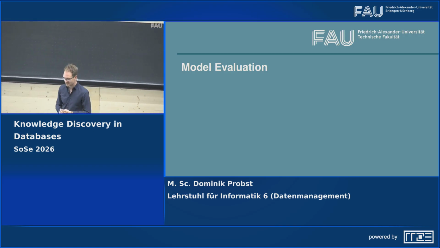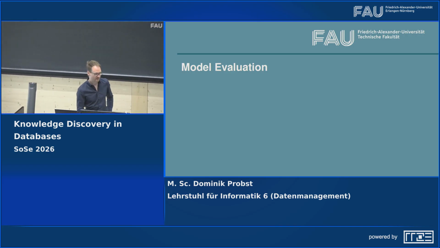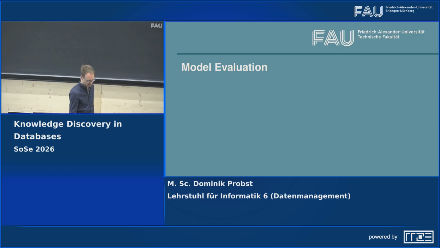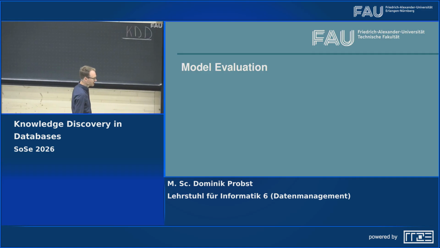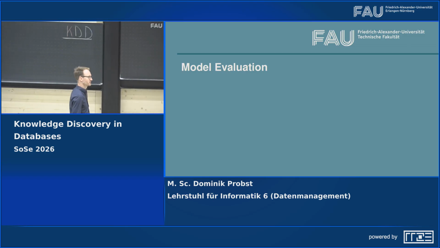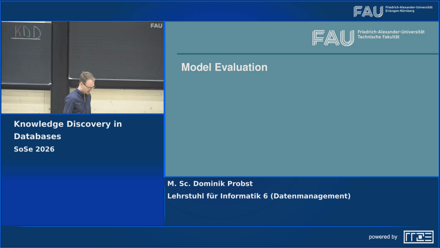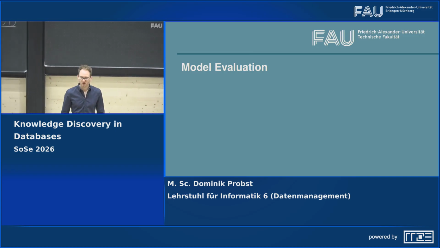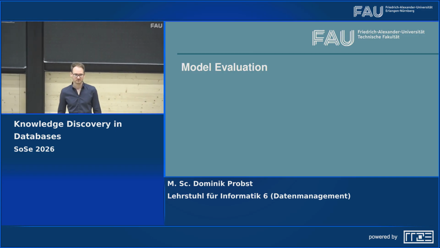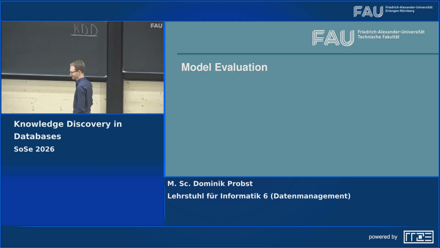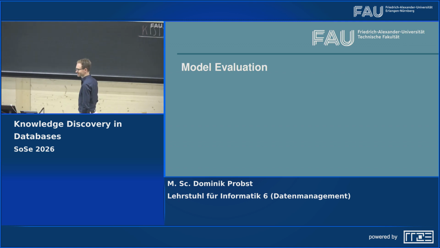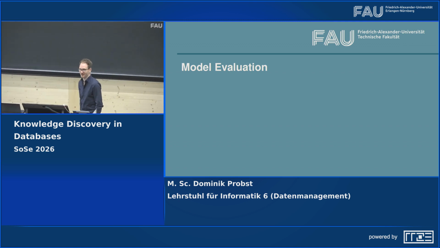Okay. Then we can get to the next chapter of classification, because we talked about classification methods up to now, and we also talked about how good they are. Of course, classification methods are the best if they predict the correct class 100% of times.